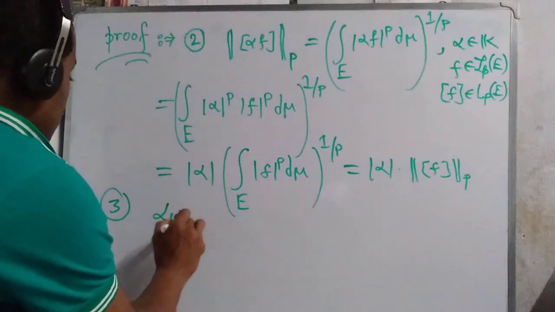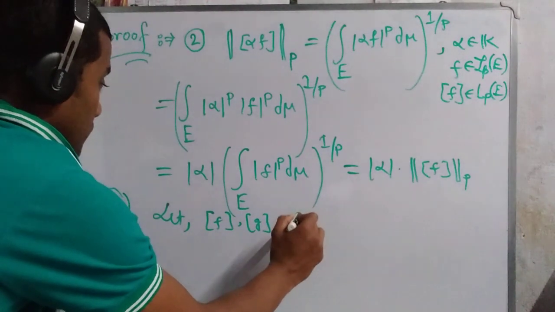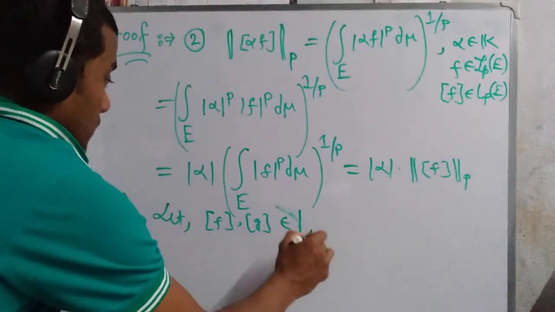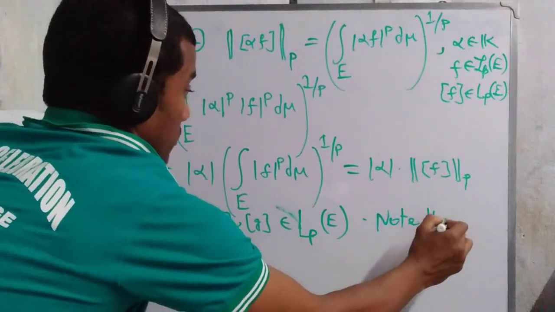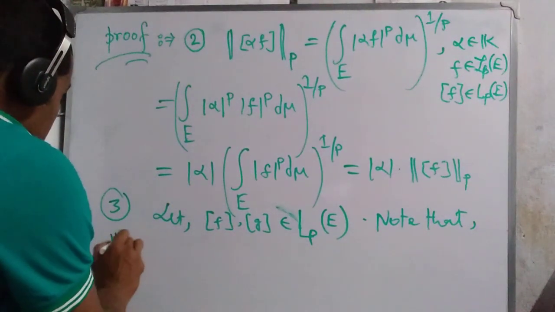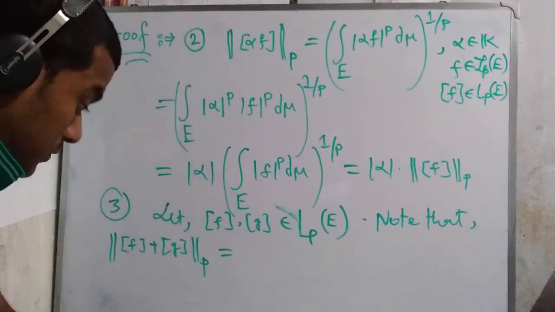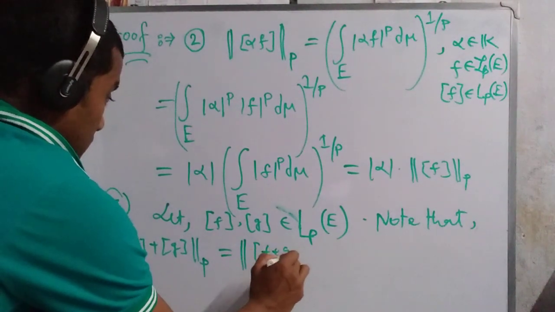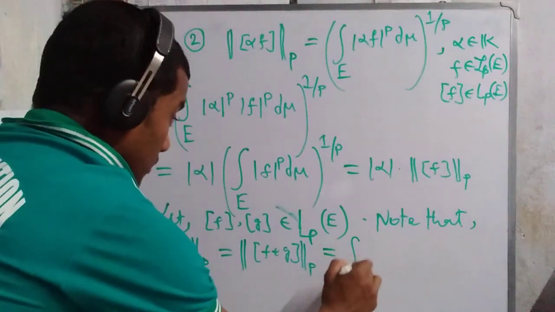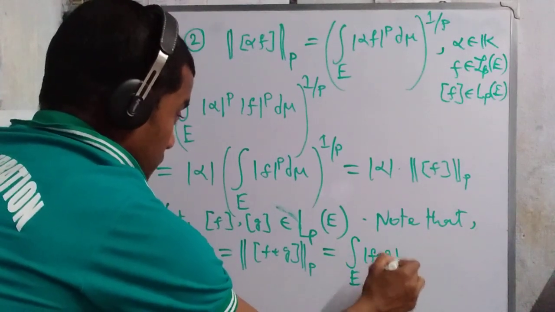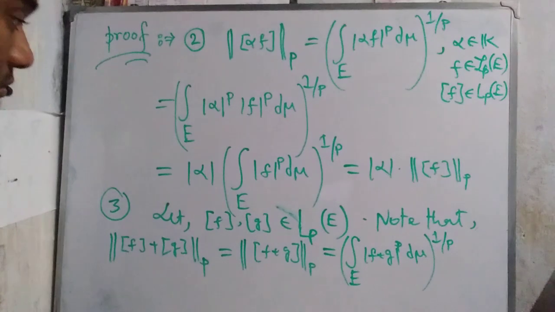Then we let the classes of f and g belong to this L^p(E), okay, and note that norm of f plus g p equal to norm of the class f plus g p equal to the integration over E of mod of f plus g to the power p d mu, whole to the power 1 by p, okay.